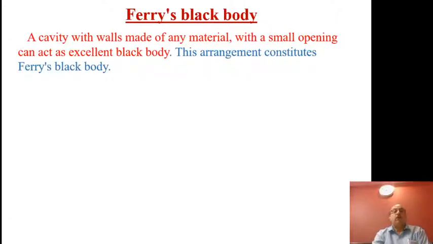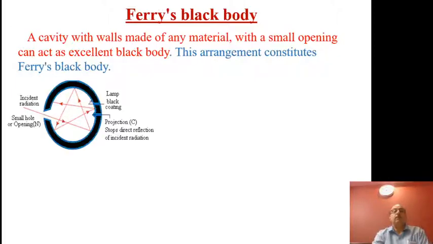A cavity with walls made of any material with a small opening can act as an excellent black body. Here is the figure of Fery's black body, having a very small opening.